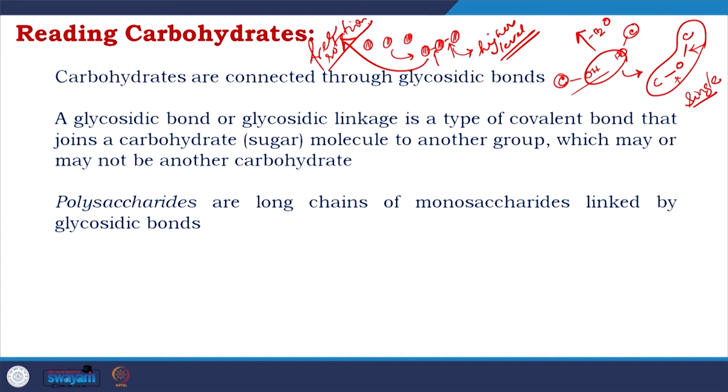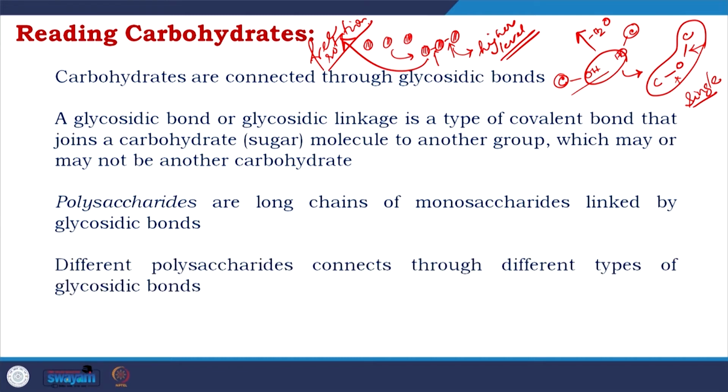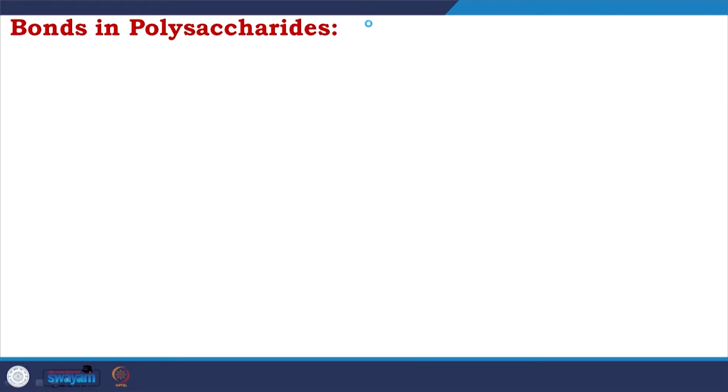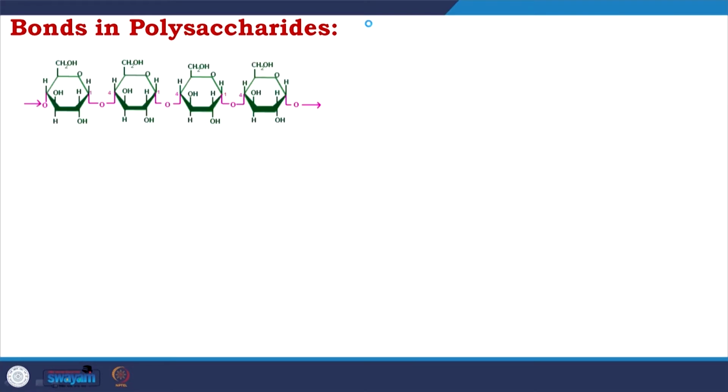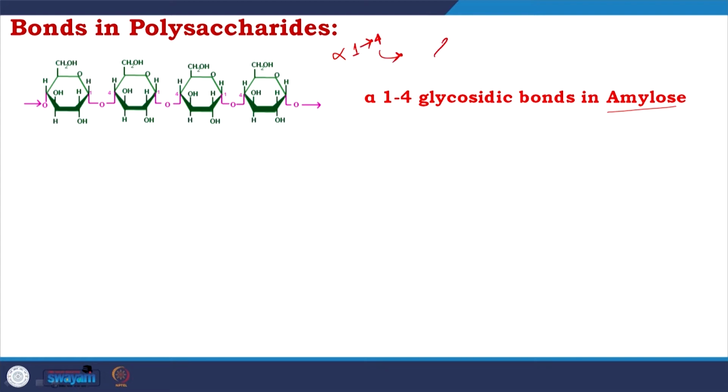Polysaccharides are long chains of monosaccharides linked by glycosidic bonds. Different polysaccharides are connected through different types of glycosidic bonds. Let us take a look. This is an alpha 1-4 glycosidic bond, present in amylose, and you see that when it is alpha 1 to 4, it forms a straight chain.